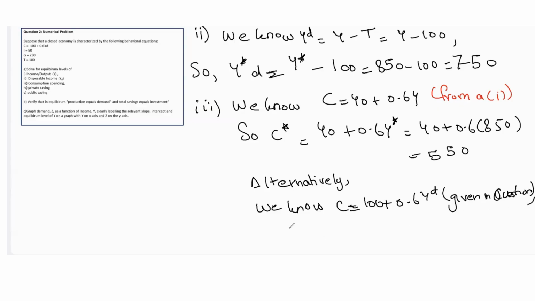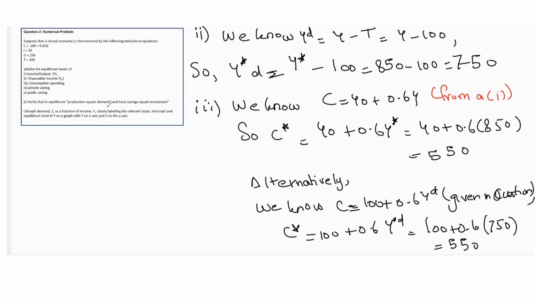So C star would be 100 plus 0.6 times the equilibrium value of disposable income, 750, and this gives us the same answer, 550. So we're done with the value of C.